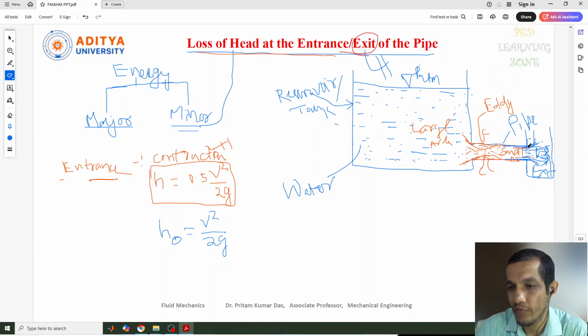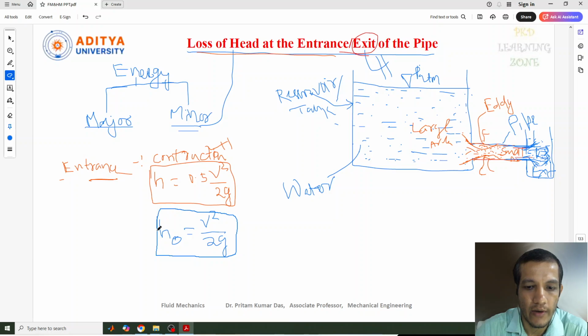When the fluid is coming out from this pipe into a reservoir, whatever energy is there at the outlet condition connected to a tank, or any reservoir, that energy is going to be lost at this point due to the sudden expansion here. That can be denoted by HO, and we can write this as V square by 2g.